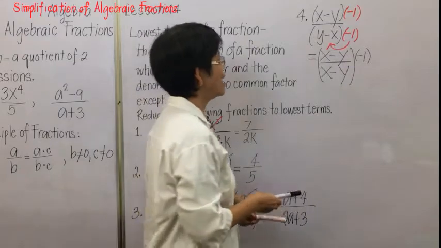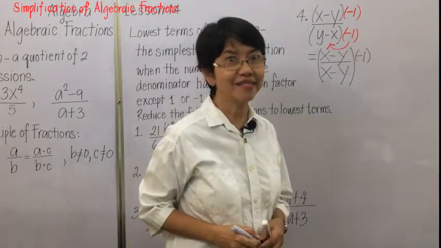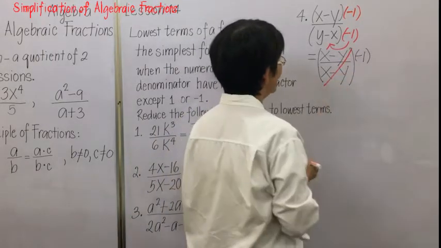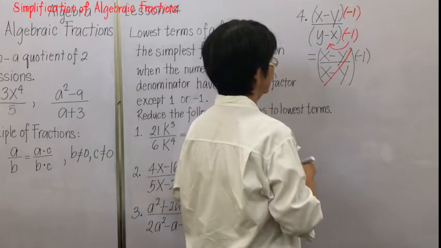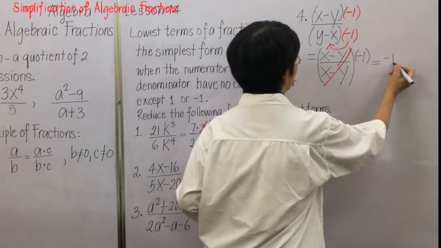So we see that it has the same form now. x minus y cancels itself. So after cancellation, our answer is equal to -1.